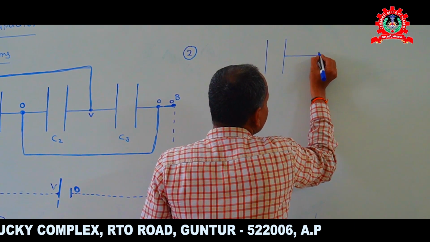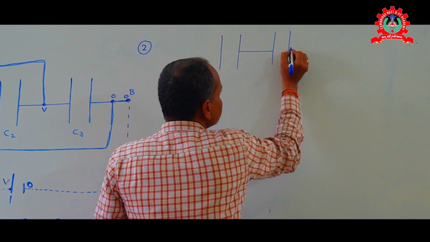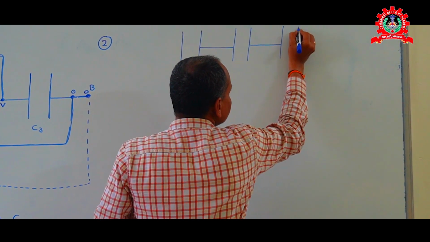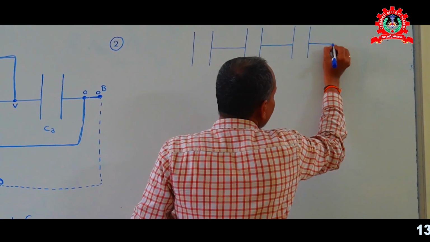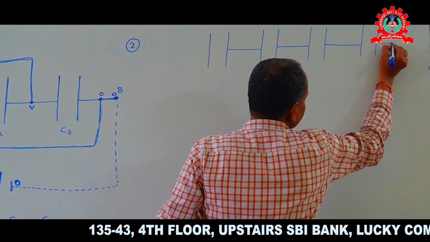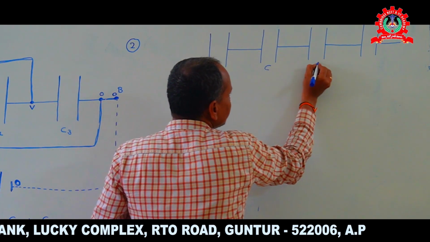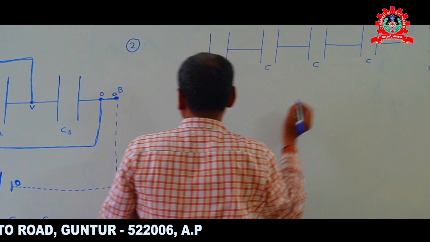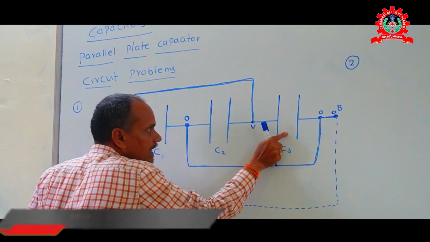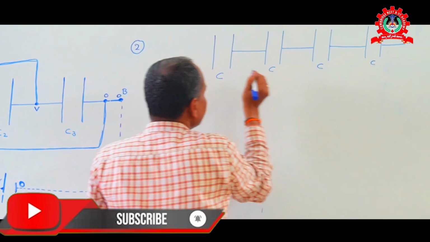Let us consider this is the first capacitor, this is the second, this is the third, and this is the fourth, and let us say all capacitances are equal. In the previous problem we took only three capacitors, but now we take four capacitors.